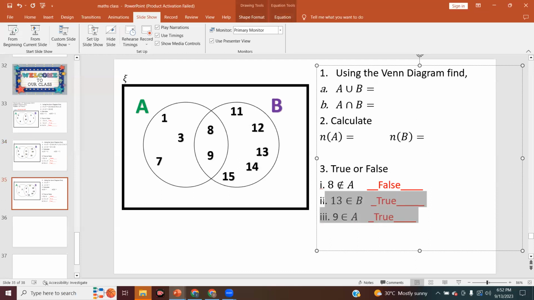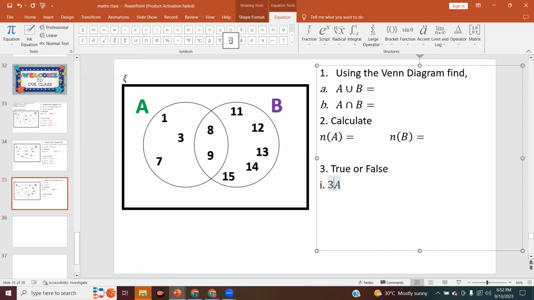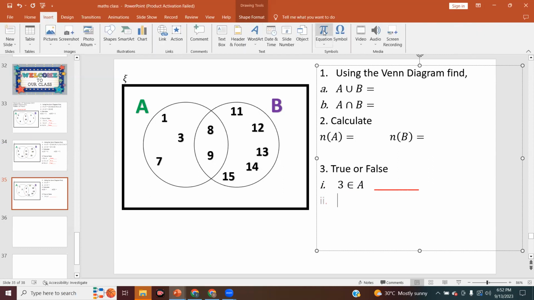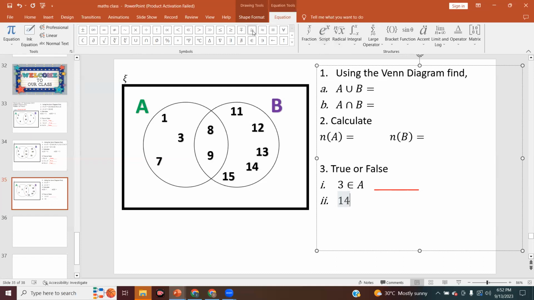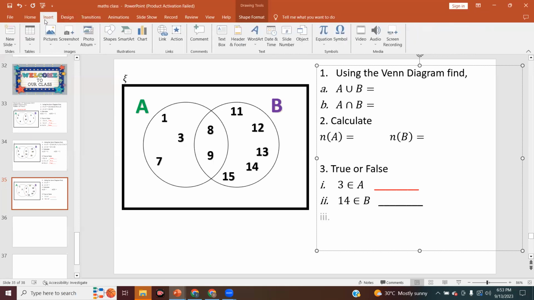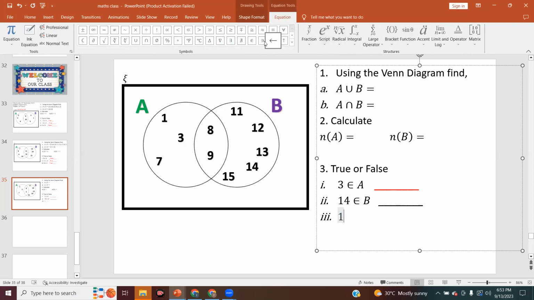And for these ones, this one says 3 is an element of A. The next one is 14 is an element of B. And the next one is 1 is an element of A.